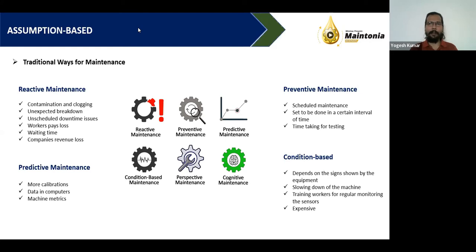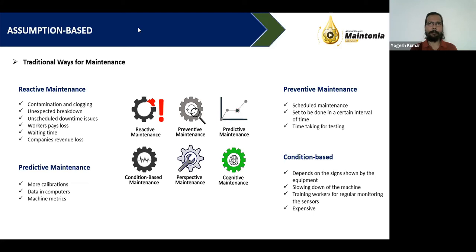Then the next type of maintenance came into the picture, that is predictive maintenance, where we take certain parameters or we choose some values that are important to be monitored. Then okay, now we can at least do some advance maintenance before it fails.